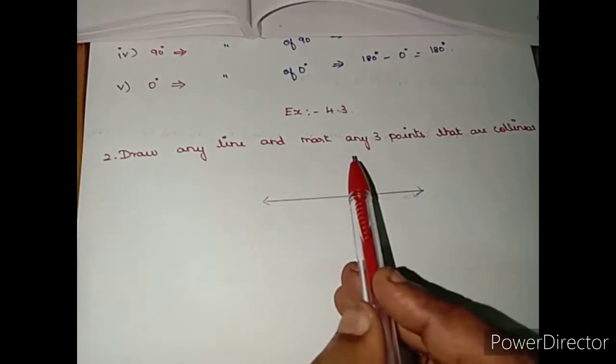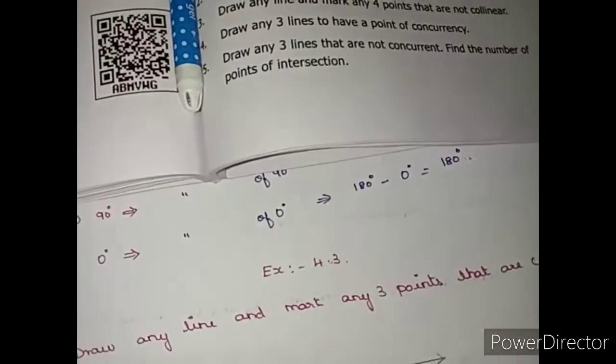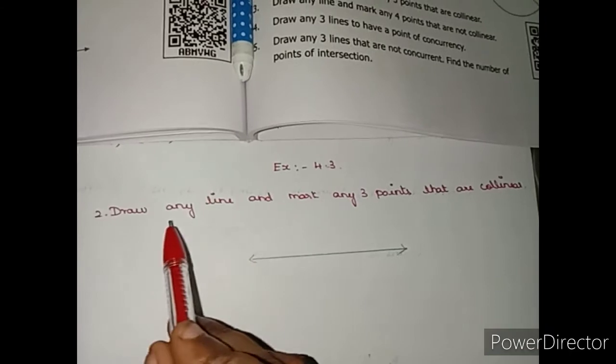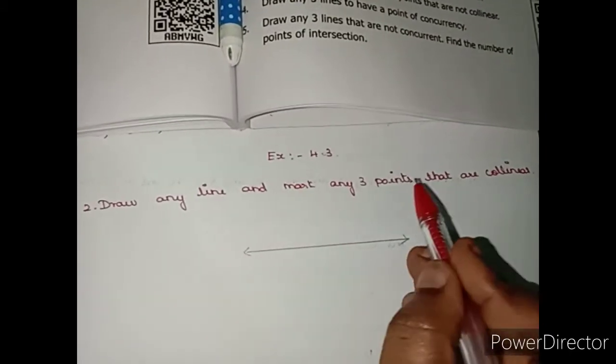Now we'll see the second question. Draw any line and mark any 3 points that are collinear. Just now we saw in the fill in the blanks what a collinear line is. Points which are in a straight line are called collinear. So draw any line. I have drawn a line and marked 3 points.